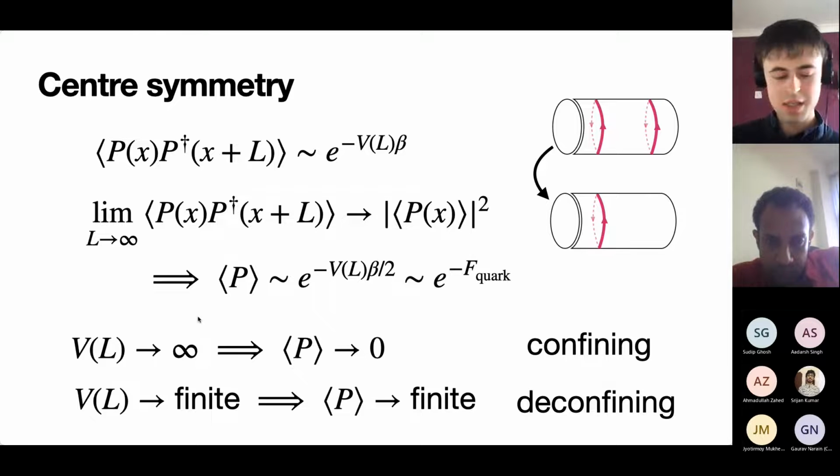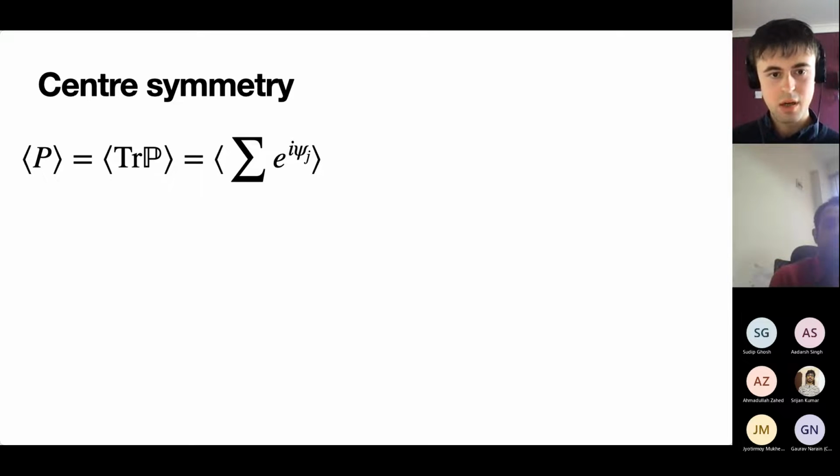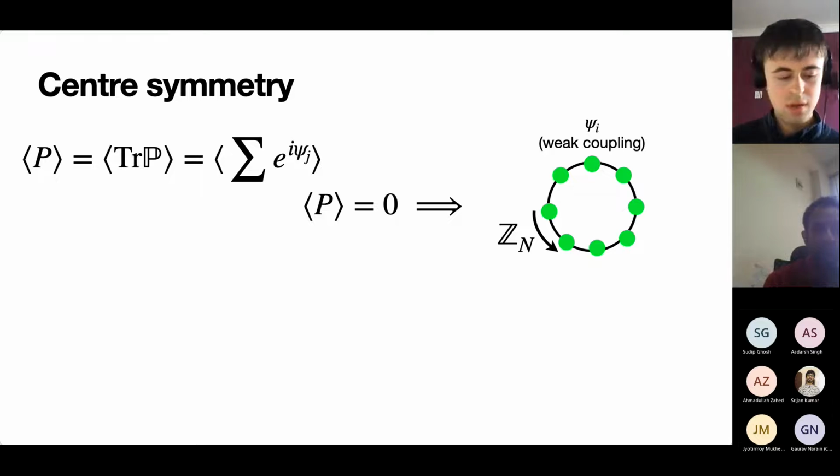So let's investigate this a bit more and see what symmetry this order parameter might be associated with. So we again express the holonomy in terms of eigenvalues. If the expectation value of P is equal to 0, then the eigenvalues must have a shape like this, and the symmetry is manifest.